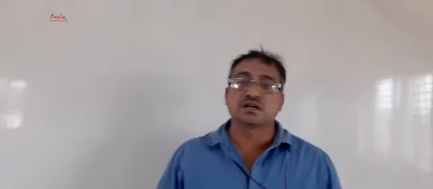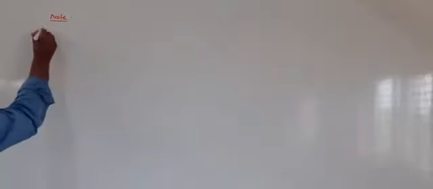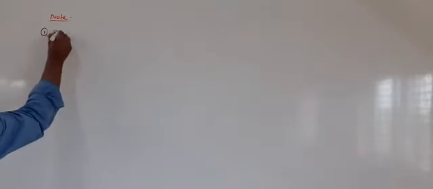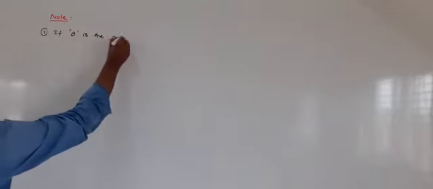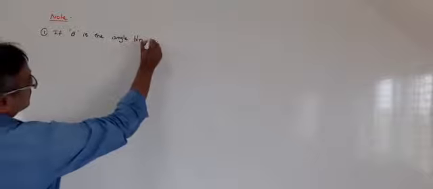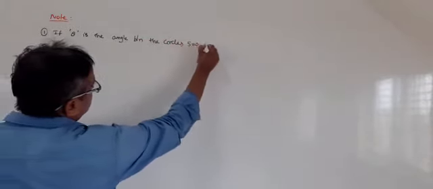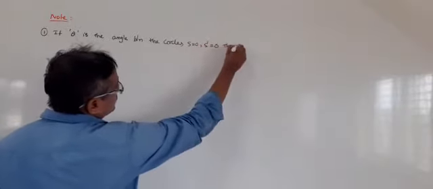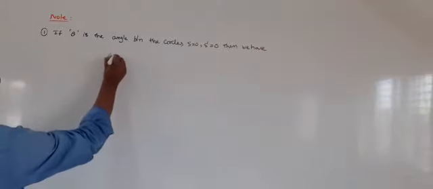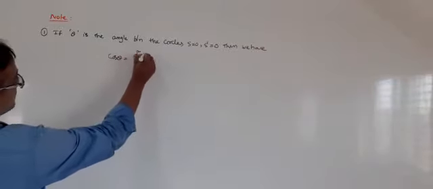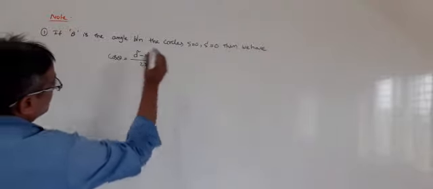Next is some important concept about the angle between the circles. First point: if theta is the angle between the circles, S equal to 0, S dash equal to 0, then we have cos theta is equal to d square minus r1 square minus r2 square by 2 r1 r2.